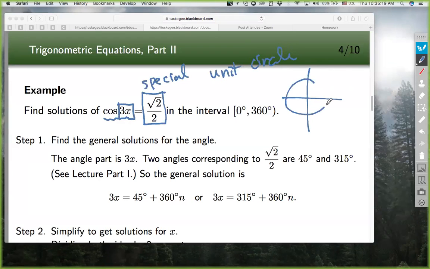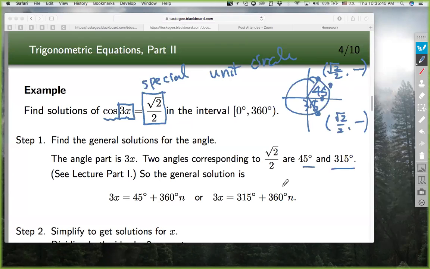Use the unit circle to look up these numbers, square root of 2 over 2, for cosine, which represents the x coordinate. One of them is here, and the other should be here. So we'll get 45 degrees from the first quadrant and 315 from the fourth quadrant.